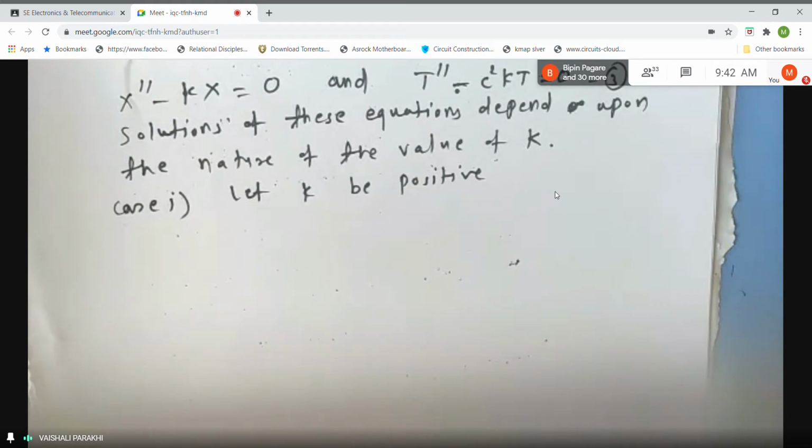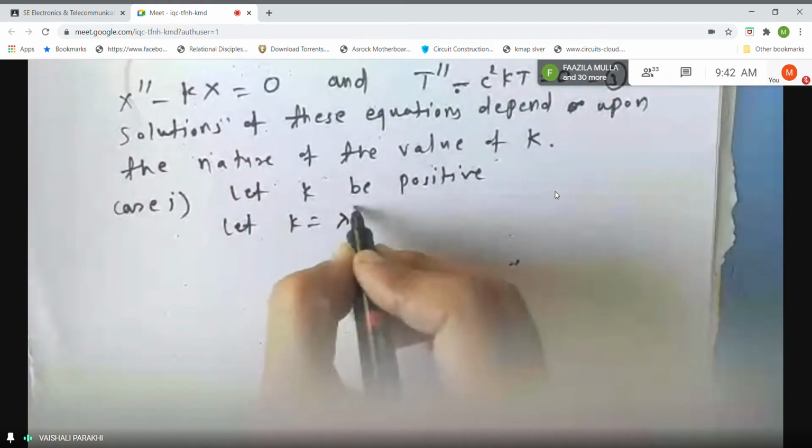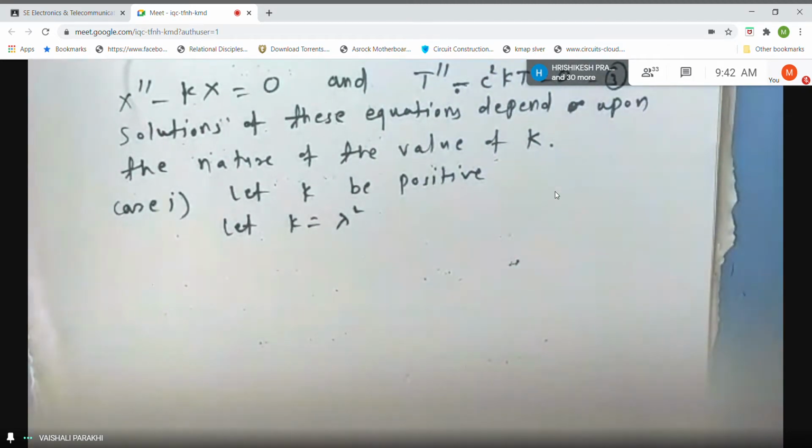Now when k is positive, I can say that k is equal to some lambda square. Some square I am taking, because you know that when you square anything, you get a positive number, right? So on the safer side, we are choosing k as lambda square. The square of a negative number is also positive, right? So when you say k is equal to lambda square, without mentioning it also, anybody will understand that k is positive. Okay?